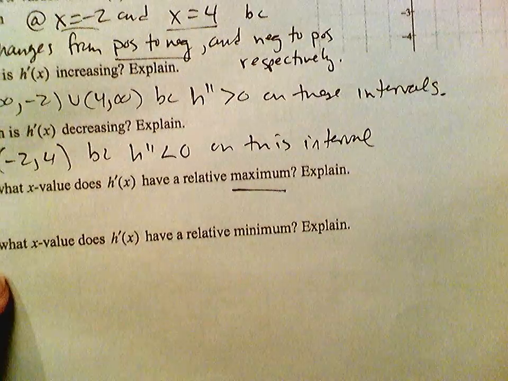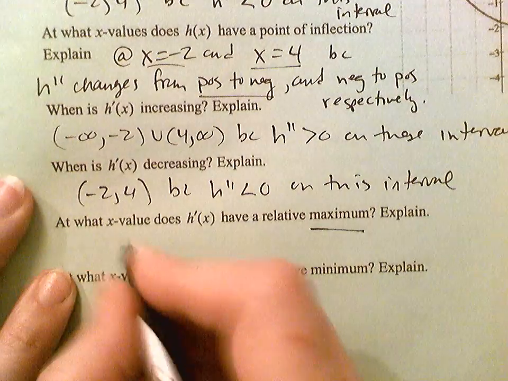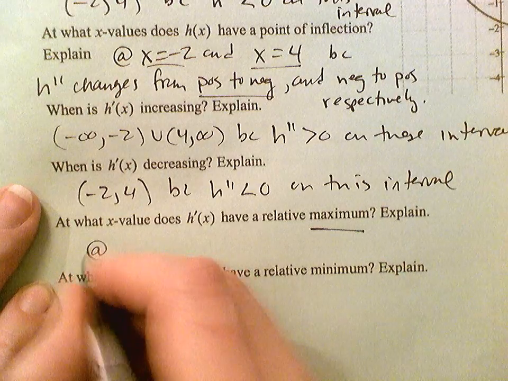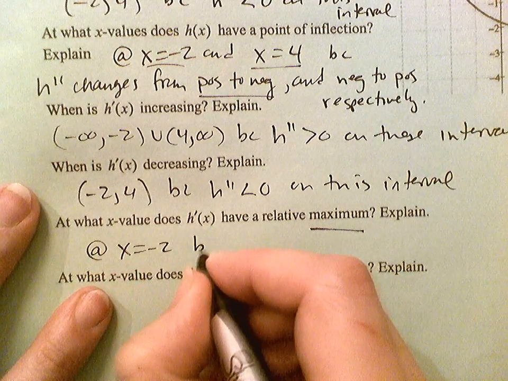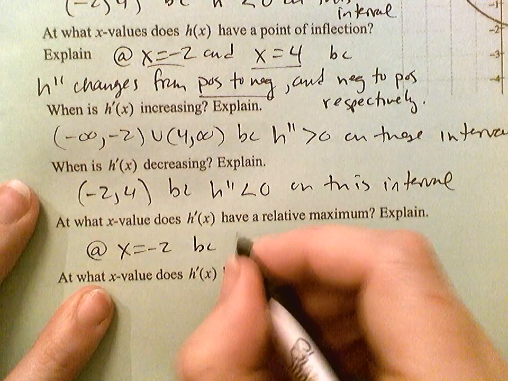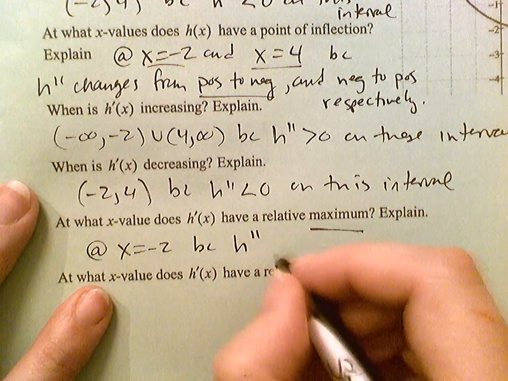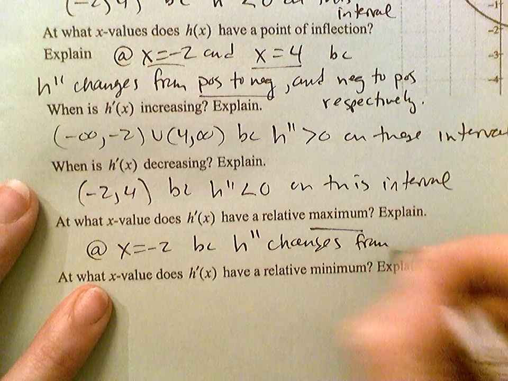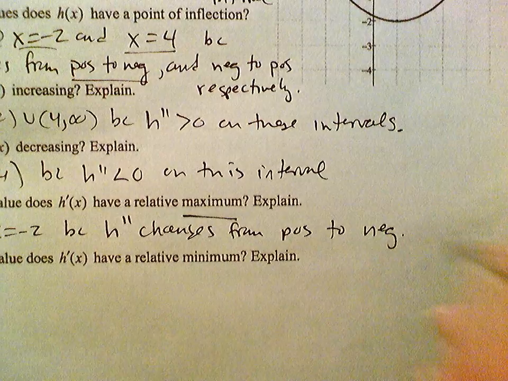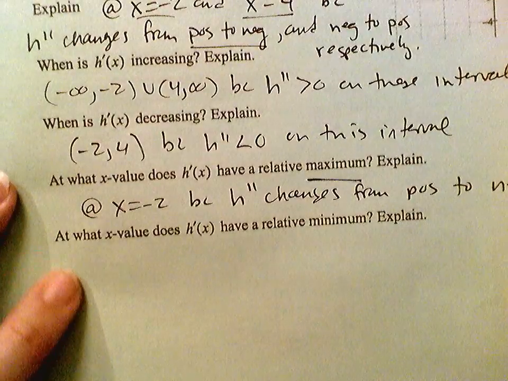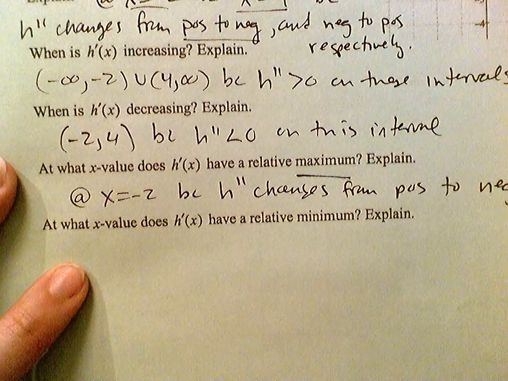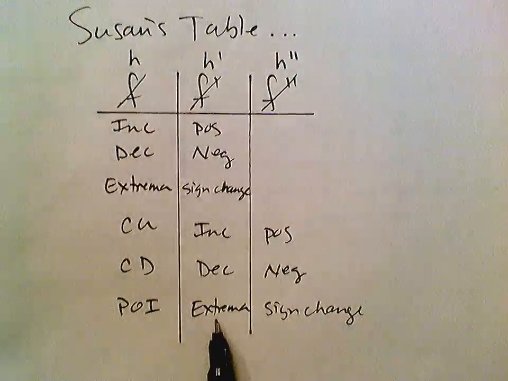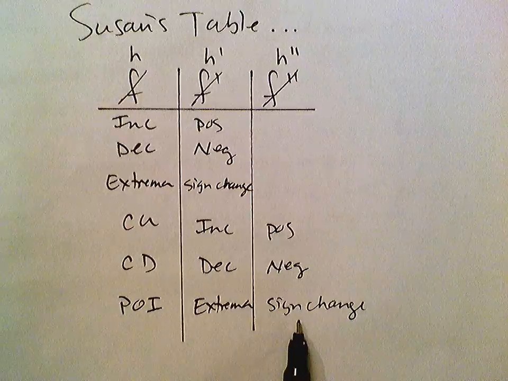Okay, so I'll say at x equals -2, because h double prime changes from positive to negative. And then where is there a relative minimum? Remember, the extrema of h prime are happening where there's a sign change in h double prime.